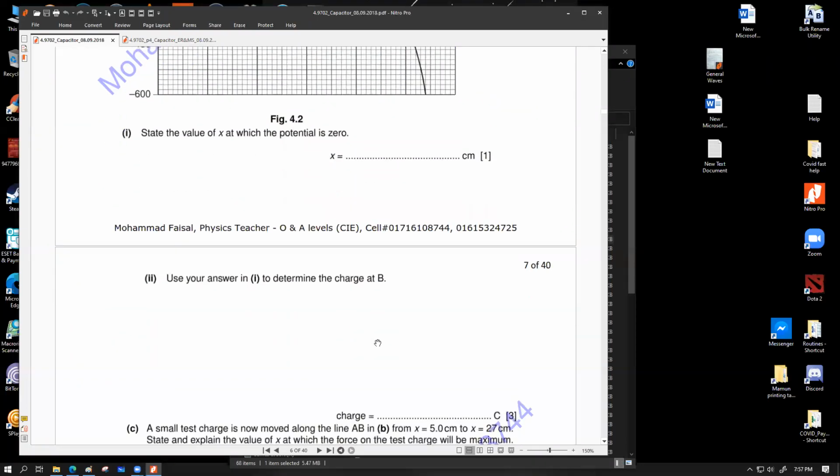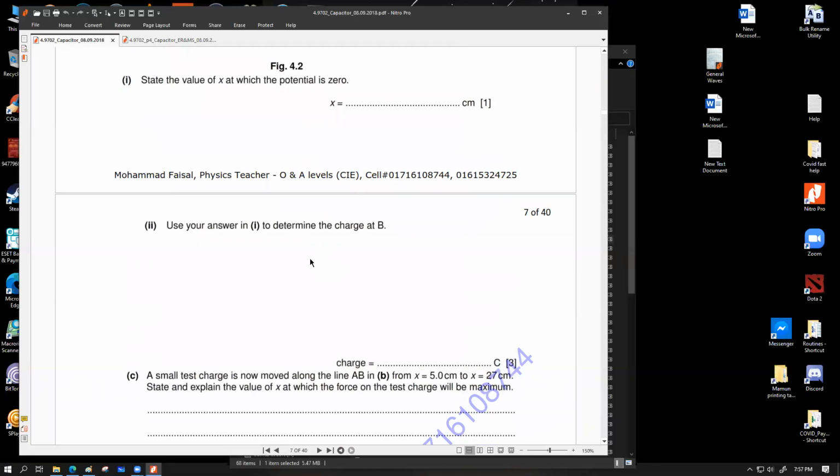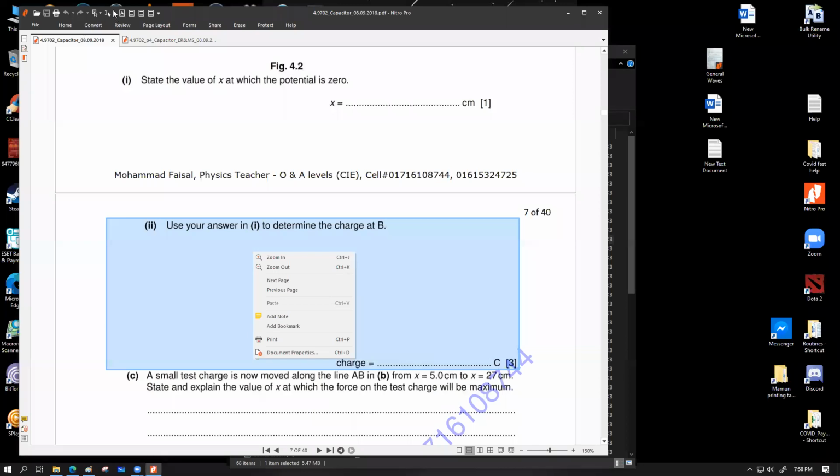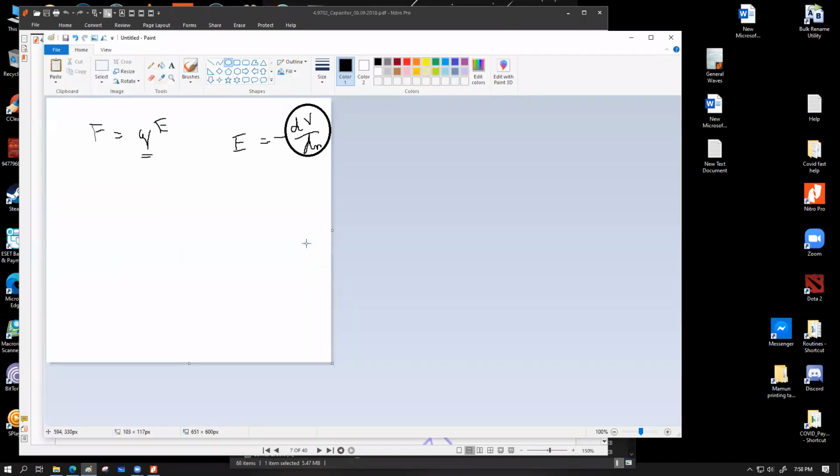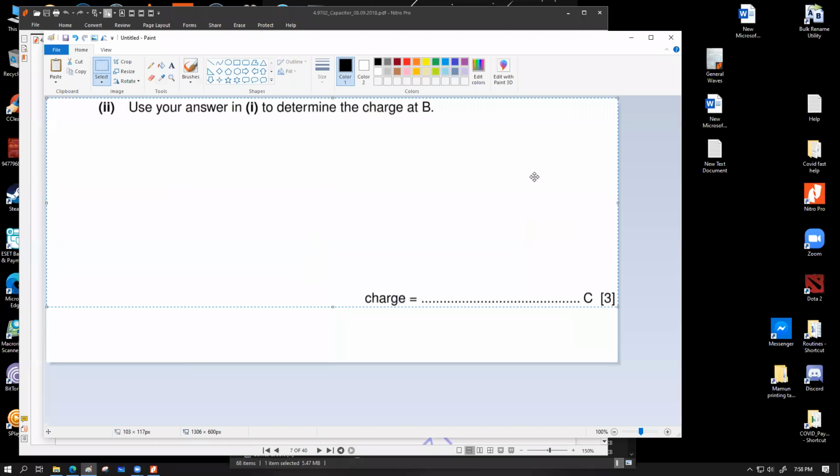Use your answer to determine the charge at B. This is pretty simple because voltage is a scalar quantity. Because it's a scalar quantity, the total voltage at that point equals 0, which means voltage from A plus voltage from B should equal 0.